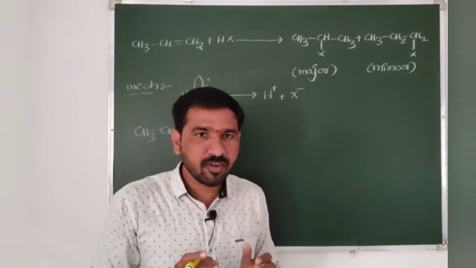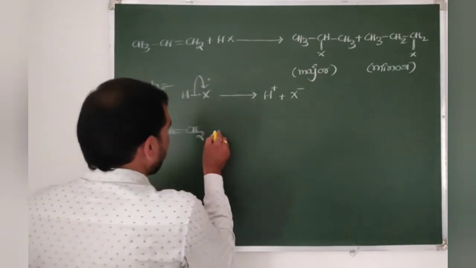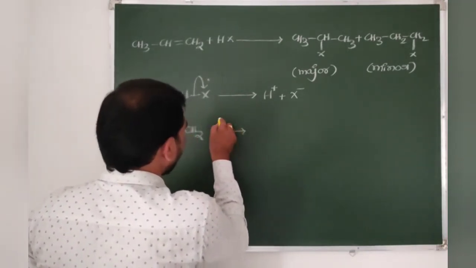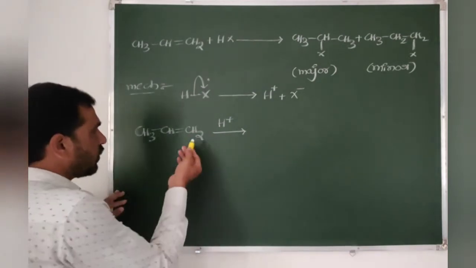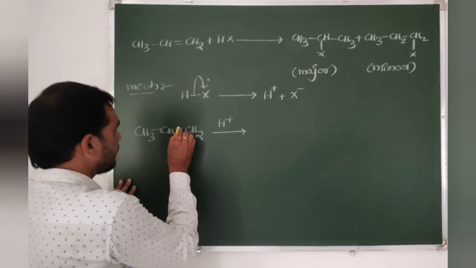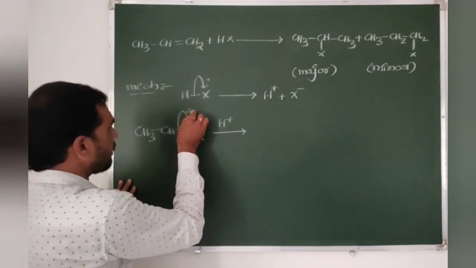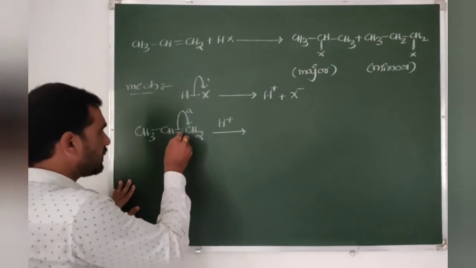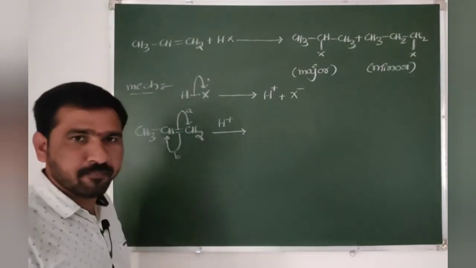This is applicable to unsymmetrical alkene, right? Then H plus, electrophile added first. So if you see two parts of reaction mechanism, this is first path, assume that path A. This is second path, assume that path B.